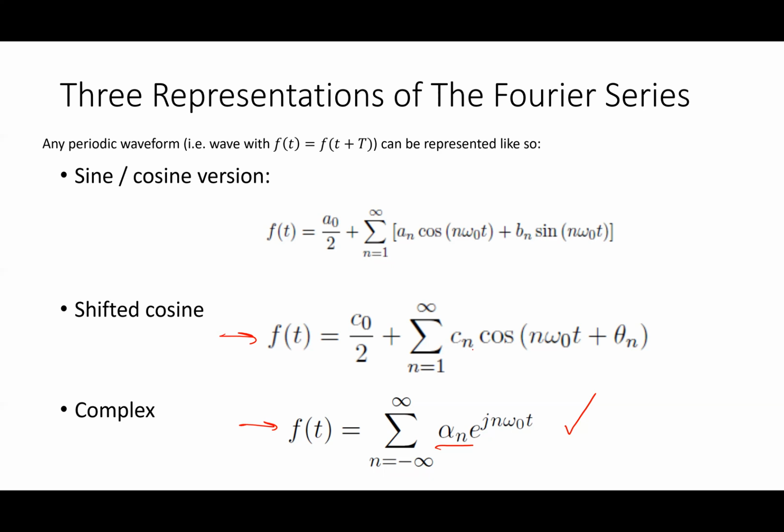If I had a single cosine wave, for instance, 4 cosine 2t plus 45 degrees, what is this in complex form? How many vectors does it take to give me that? 2 vectors summed up. That's why this one has twice as many points. We'll have to bear that in mind as we go through our examples.